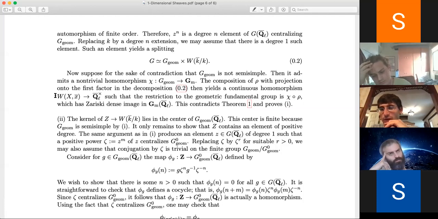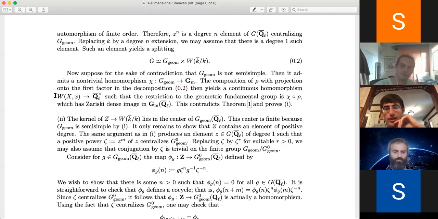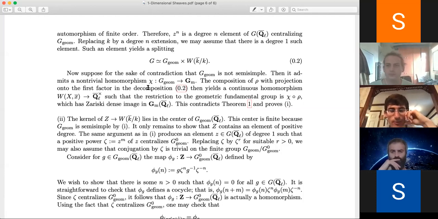And so that Abelianization gives you your map to GM. Okay. I should have said actually here, I'm also using the fact that QL bar is algebraically closed. But I don't want to spend too much time on that. We can discuss it after if you want, but over an algebraically closed field, to not be semi-simple is exactly the same as saying that you have a non-trivial homomorphism to GM.